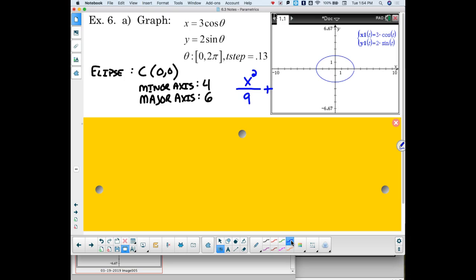Yep. Y squared, because it's really y minus k, right? So it's y minus 0, so we'll just call that y squared. Over 4. And now here's the important part. For an ellipse, it equals 1.